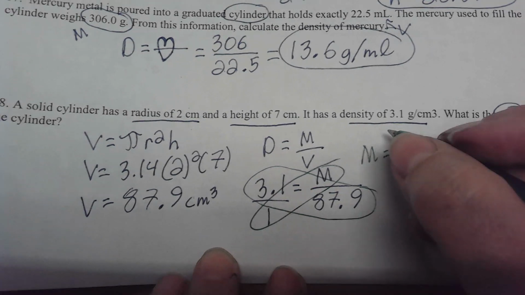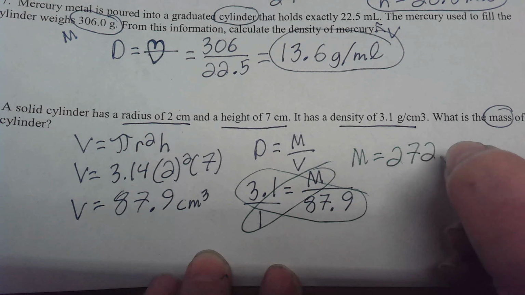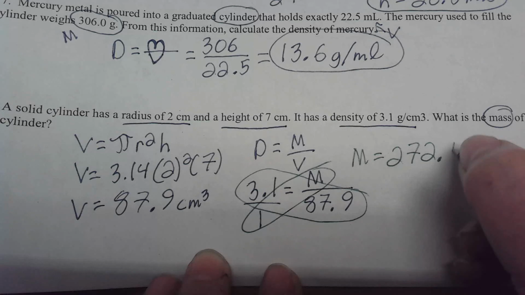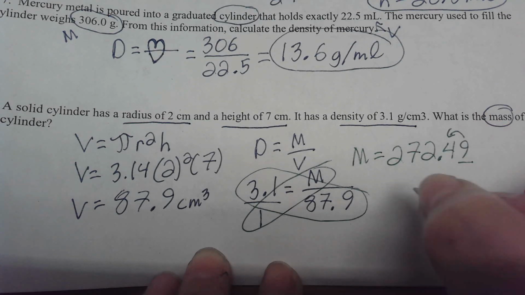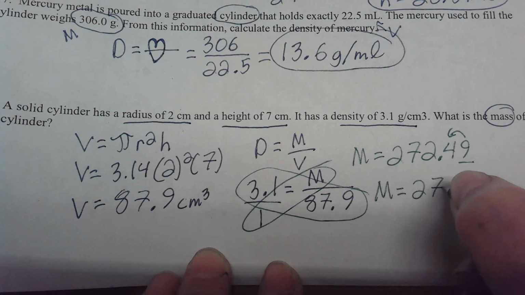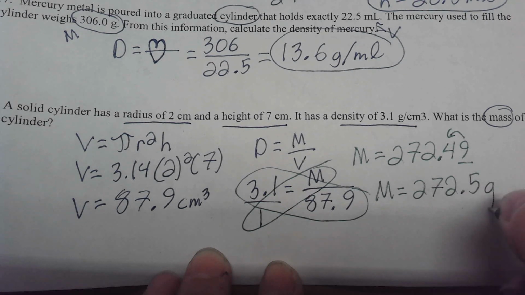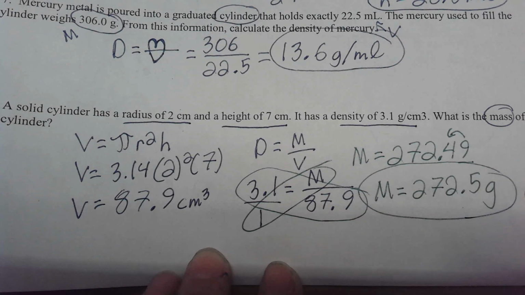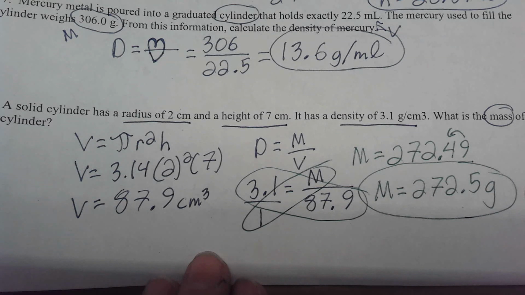And we're going to get 272.49. So if we have 49, remember it's 5 and up, round it up. So I'm going to round it up to 272.5 grams. It's its mass. Okay. Any questions on that, everybody? Okay, good luck.